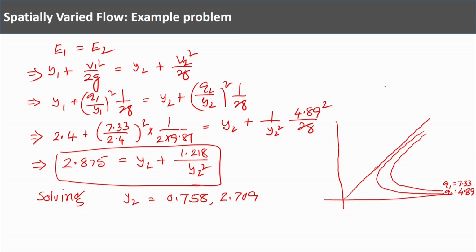So, here q1 is greater than q2, and somewhere here this is the specific energy. Energy is constant here, E equal to 2.875 meter. Here the specific discharge, that means discharge per unit width, is 7.33 at section 1.